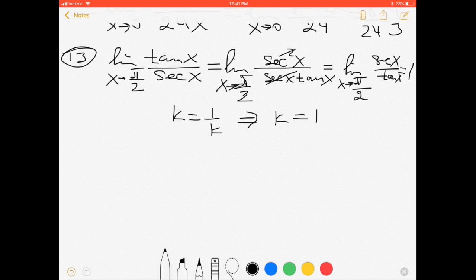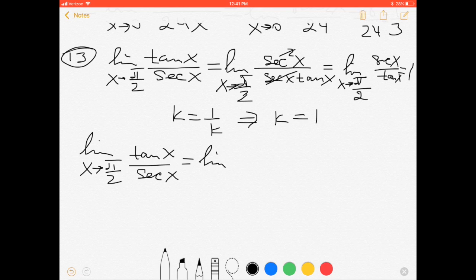Okay. How can we find this limit using only trigonometric identities? Try solving. As x approaches pi over 2, tangent x over secant x. Here we need to remember the definitions of the trigonometric functions. Tangent is sine x over cosine x. Secant is 1 over cosine.